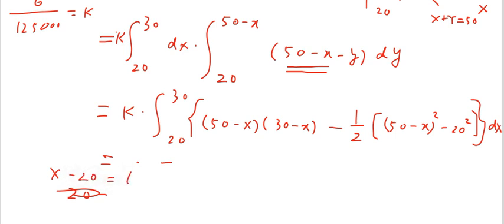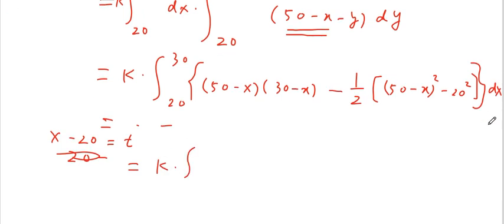When x equals 20, the lower bound becomes 0, and when x is 30, t becomes 10.